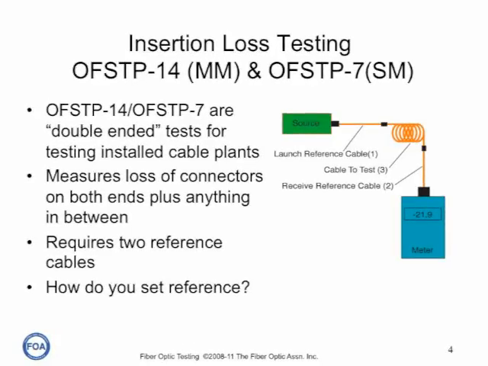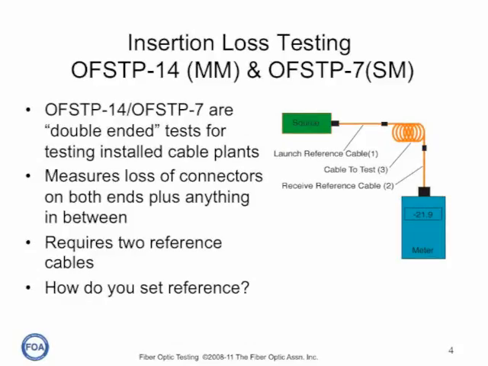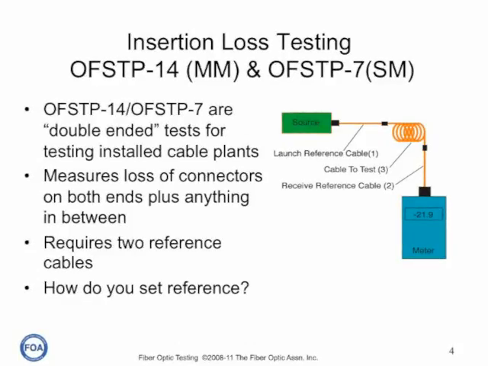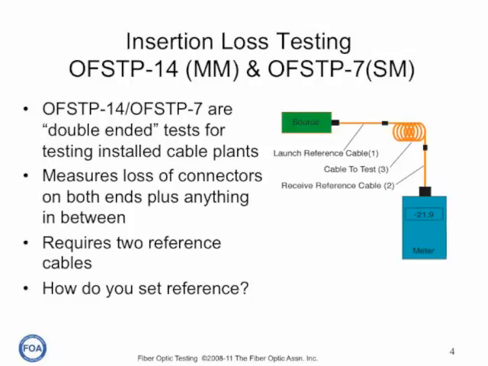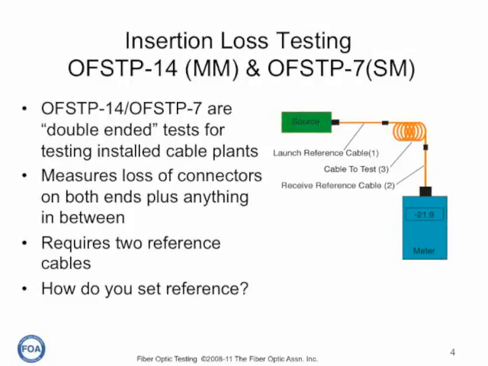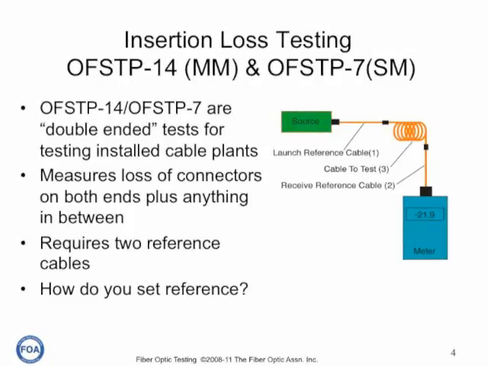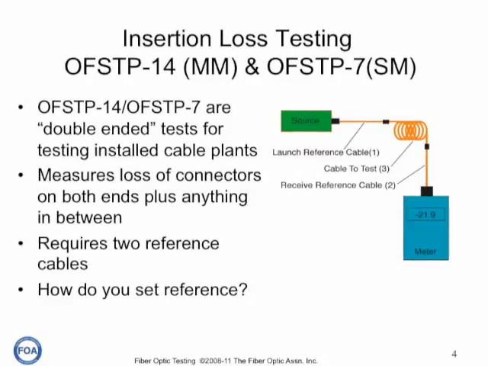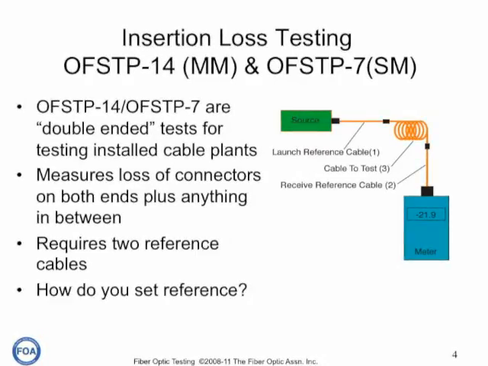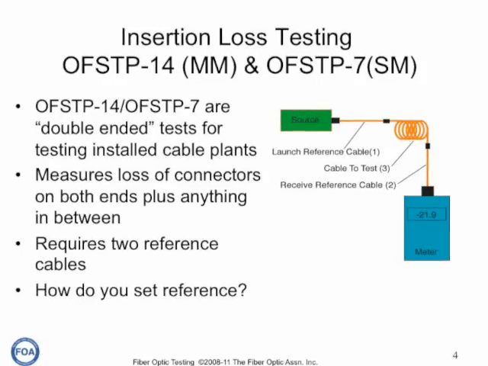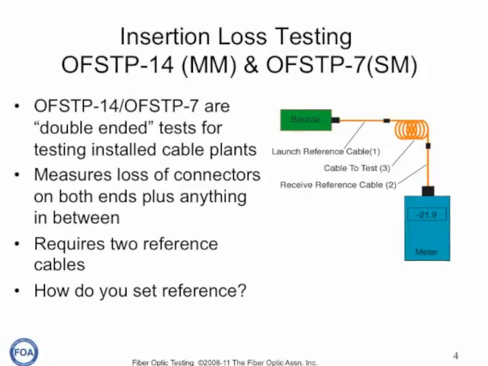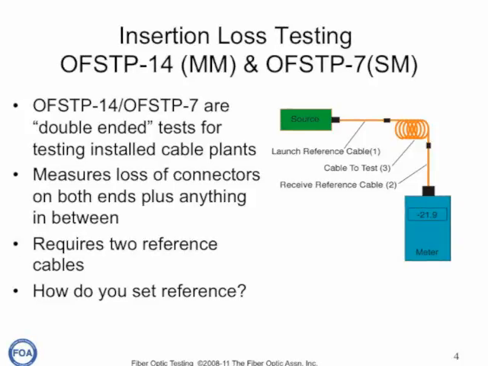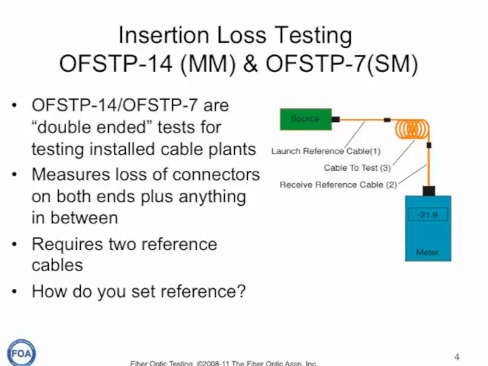Because we're mating reference cables to both ends of the cable plant, we're able to test the connectors on the cable plant itself. Plus, we test for the loss of anything in the cable plant itself that causes loss. The real question arises is, how do you set the reference? And the reference for 0 dB is set in 3 different ways, as you'll see next.